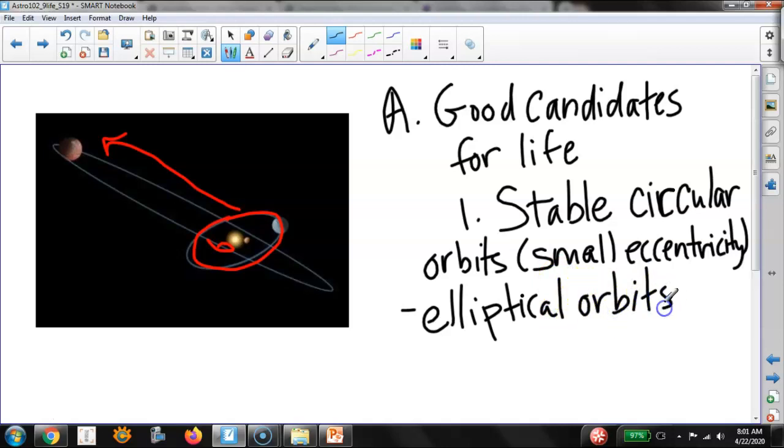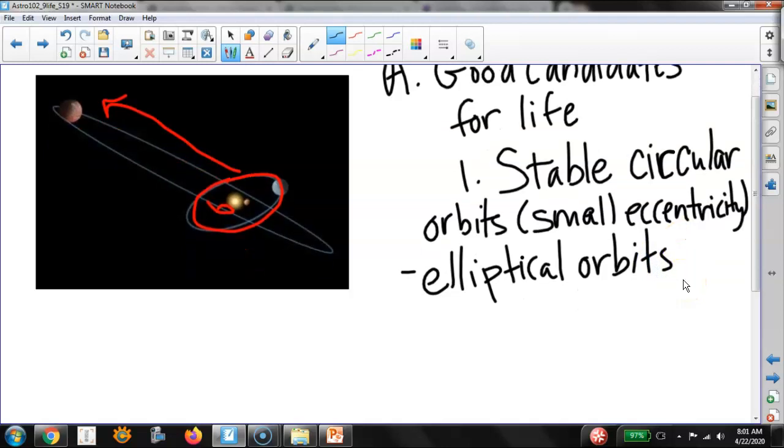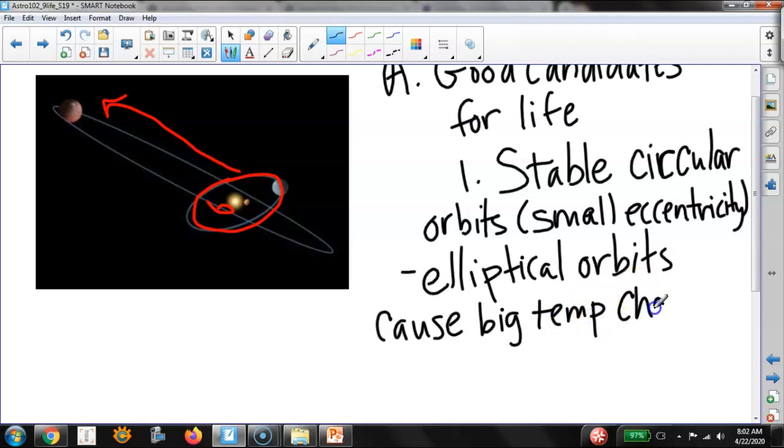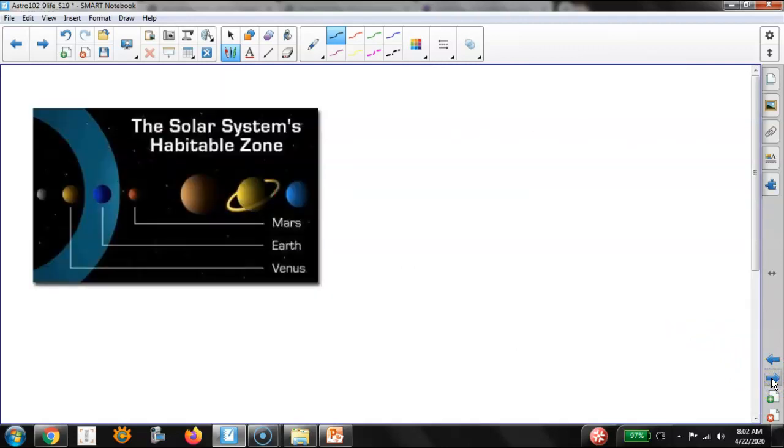So when we're looking for life, we want a stable circular orbit because elliptical orbits cause big temperature changes. So close to circle, good. Not a circle, bad. And this is something that we can actually observe with the information that we have, okay? So we want something that's like Earth with a small eccentricity. We don't want to be going through an ice age every year, is another way to put it.